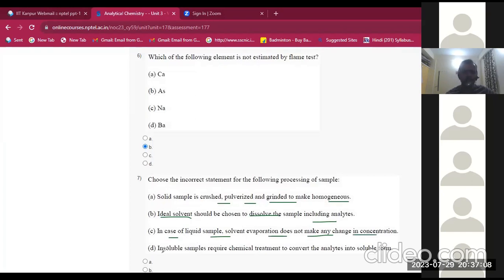You can think about whether it will create a problem: if solvent is getting evaporated from the sample, will it change things or not? Insoluble samples require chemical treatment to convert the analyte into a soluble form. So this is a very easy question.